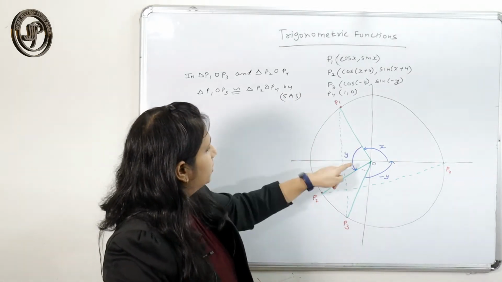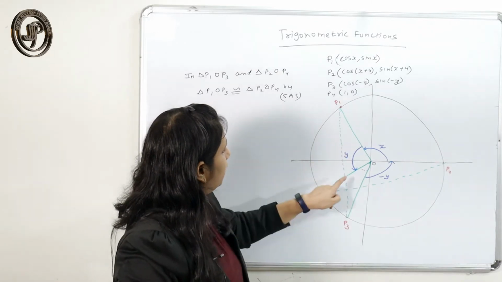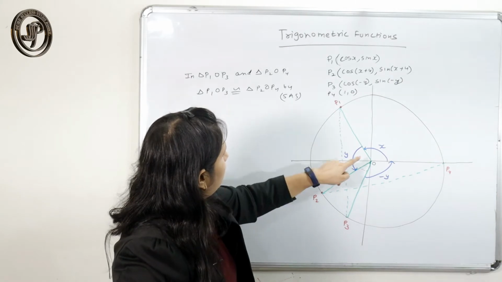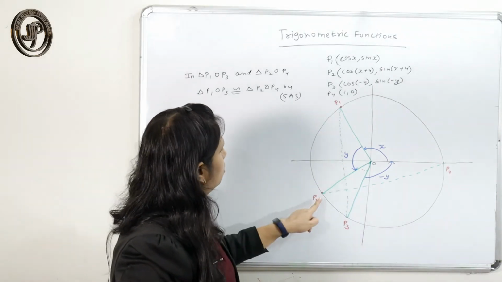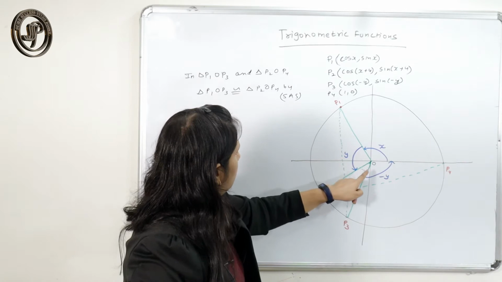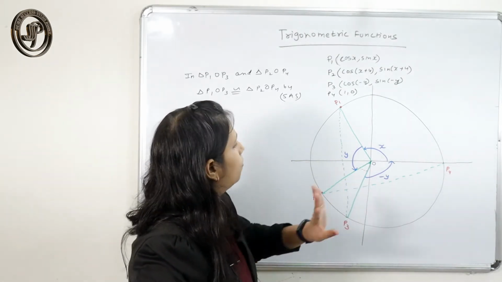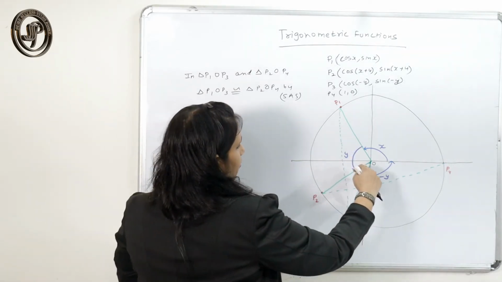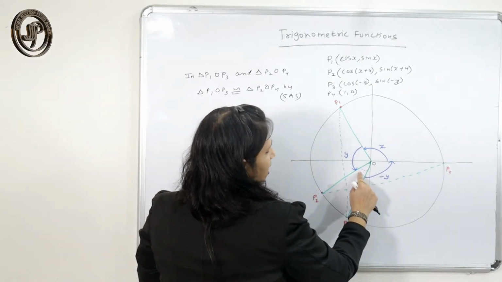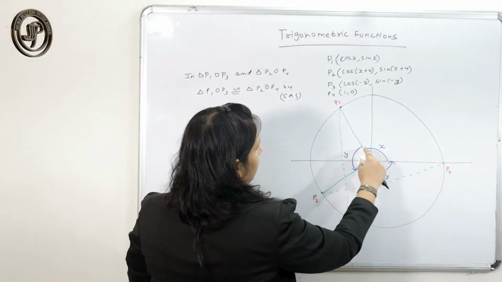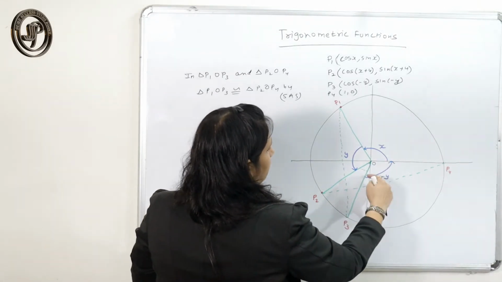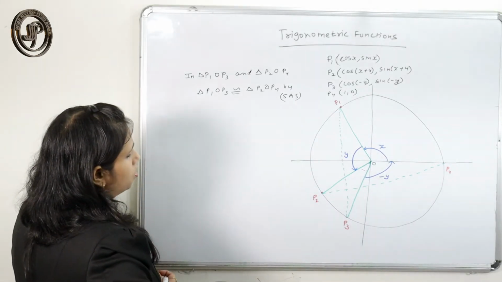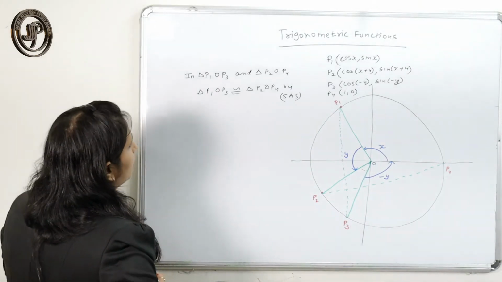Because OP1, OP2, OP3 and OP4 are all equal radii of the same circle, and if you add this angle in both triangles, then this whole angle is equal to this whole angle. In this way you can make the two triangles congruent.